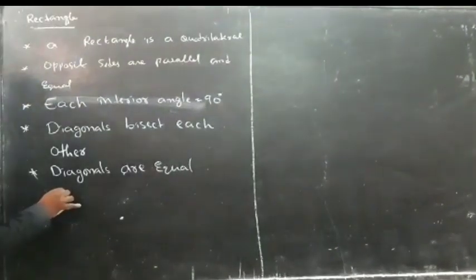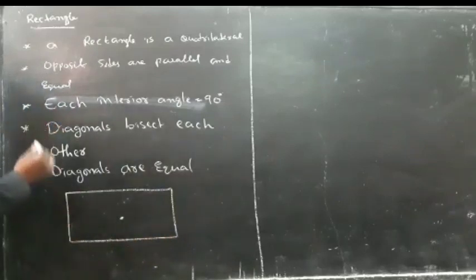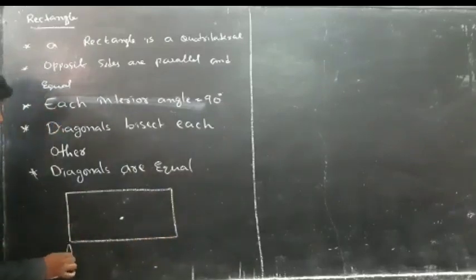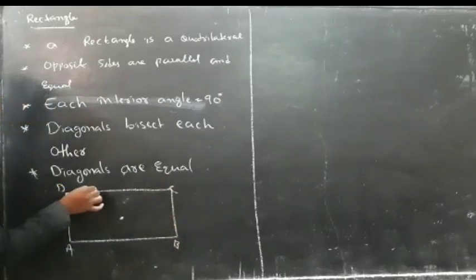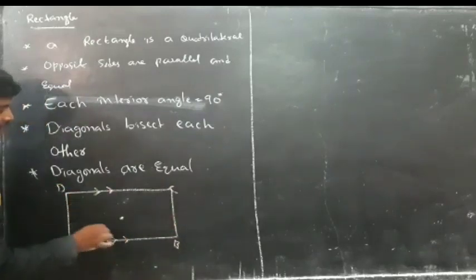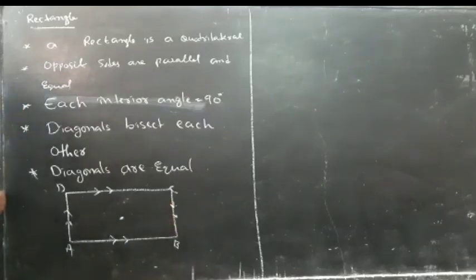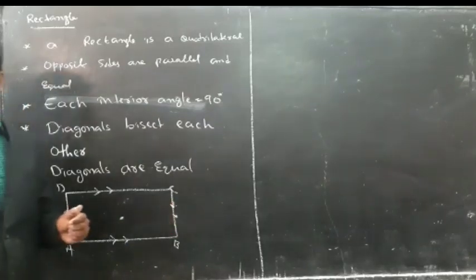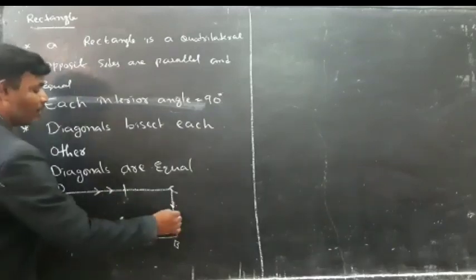See here, a rectangle is also a quadrilateral in which opposite sides are equal and also parallel.